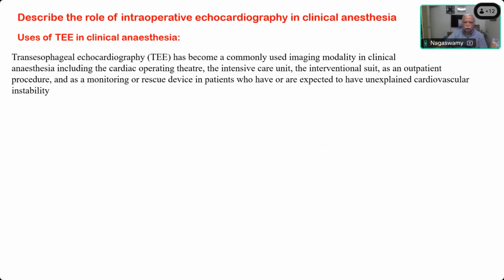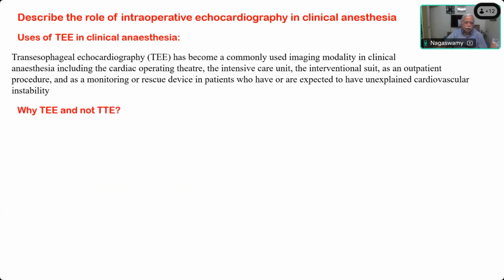It is not only for intraoperative use; these are also the domains where anesthetists are involved. And as an outpatient procedure, or as a monitoring or rescue device in patients who have or are expected to have unexplained hemodynamic instability. So these are all the anesthetic indications for using TEE in anesthesia.